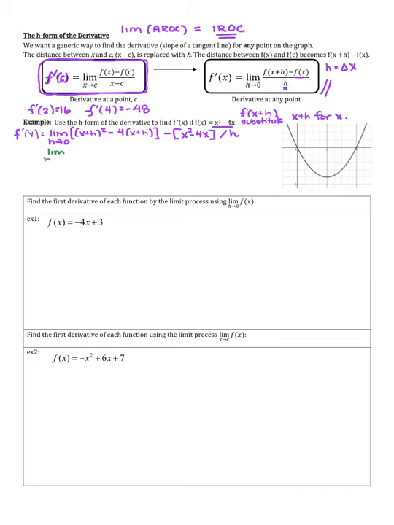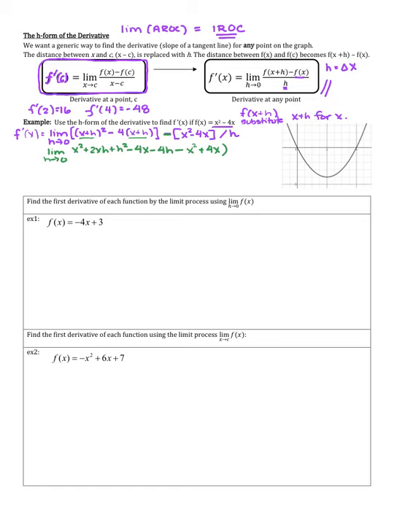So we're still taking the limit as h approaches 0. I'm going to FOIL out x plus h squared, so that's going to be x squared plus 2xh plus h squared. I'm going to distribute this negative 4, so negative 4x minus 4h. Then distribute this negative, so minus x squared plus 4x.